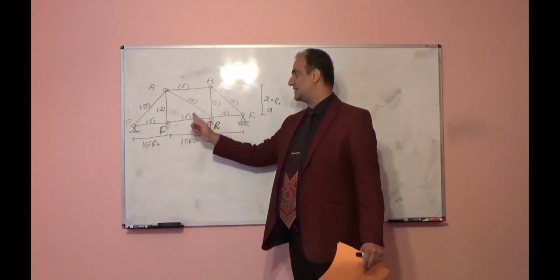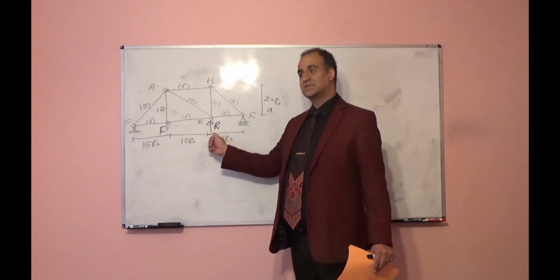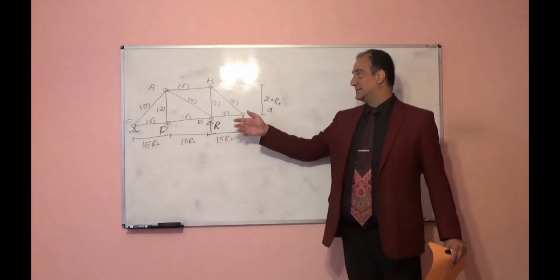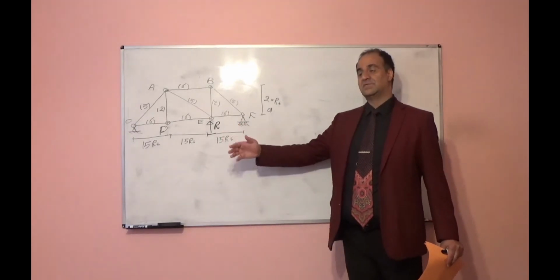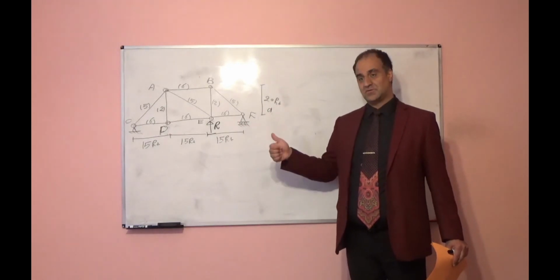Now I will find internal forces because of this extra reaction R. And then I will apply virtual load here, and I will find again internal forces in each truss member under that virtual load.